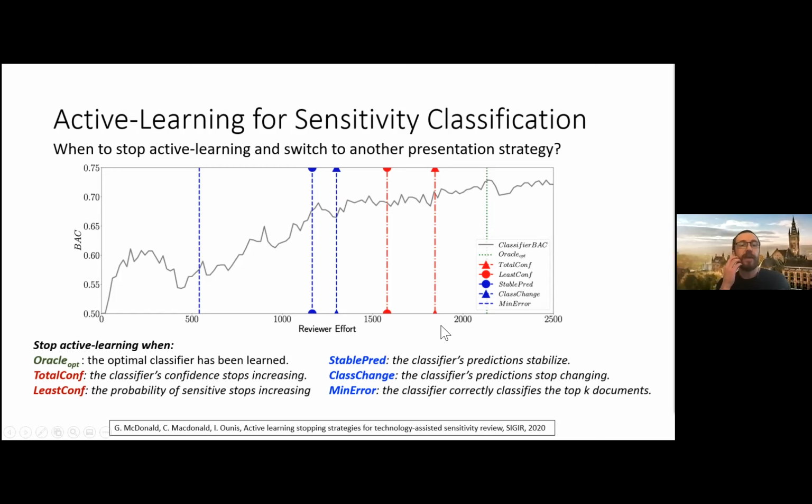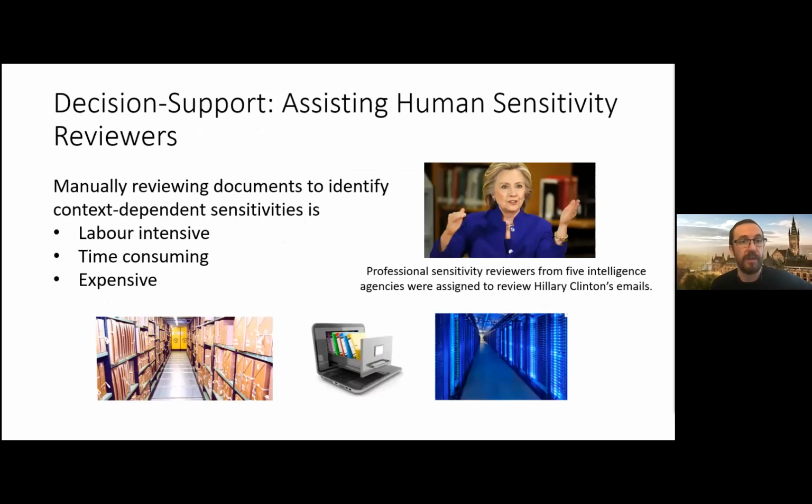Here you see we've made some inroads compared to the approaches from the literature, but we are literally just scratching the surface on this, and it's a really open and interesting problem that needs to be addressed for classifiers to be used effectively to assist human reviewers.